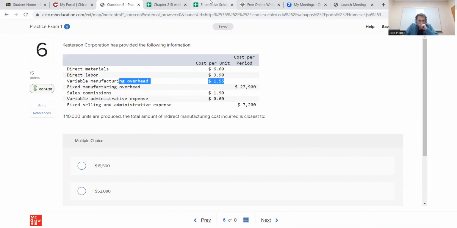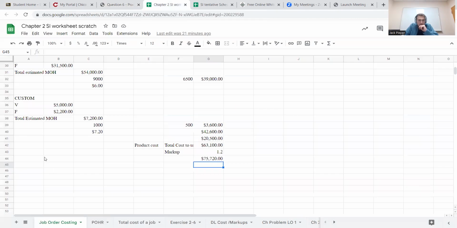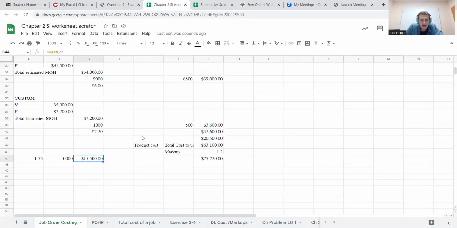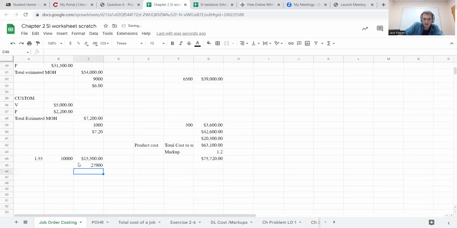So if I take the 155 and I multiply it by the 10,000 units, I get 15,500, and then I can add in our 27,900.